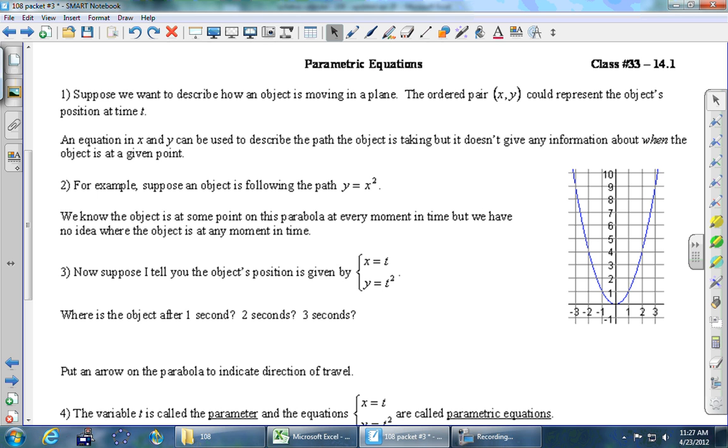Okay, Garrett, can you read number 2? On page 33, for example. Okay, so I'm telling you that there was a car that traveled along this path, and all I can see is the dirt tracks that were left.